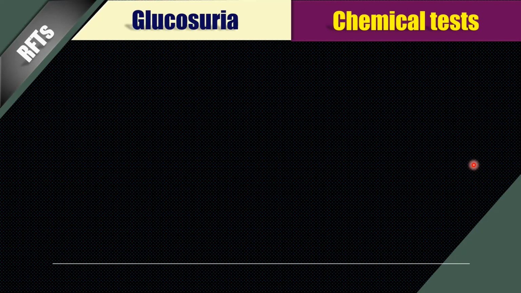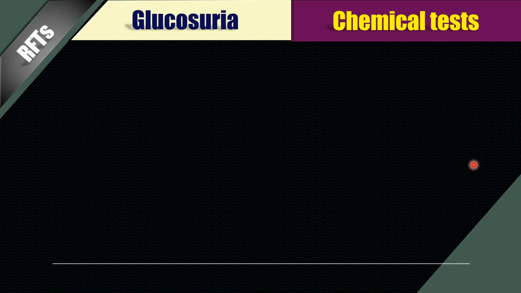Another parameter we can detect under the chemical test of the urine is glucose. If glucose is present in the urine, we can say glucosuria. Other than glucose, we can see fructose, galactose and pentose. Together, all these pentose, galactose, fructose and glucose, we can call glycosuria.